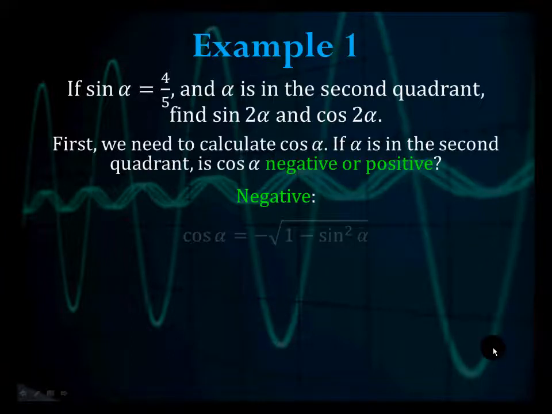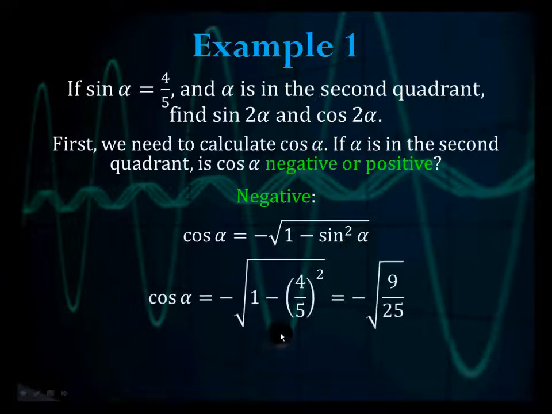So, since it's negative, the cosine of alpha equals negative the square root of 1 minus sine squared alpha. This comes from a rearrangement of the sine squared alpha plus cosine squared alpha equals 1 formula. So since it's negative, we stick a negative sign in front of the square root. Now we just plug in sine squared. So cosine equals negative the square root of 1 minus 4/5 squared, or negative the square root of 9/25.